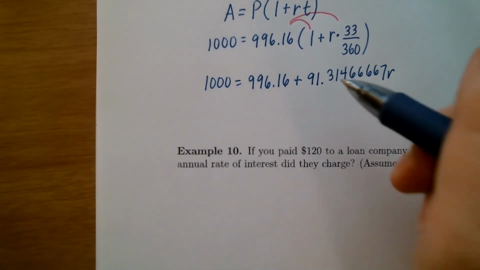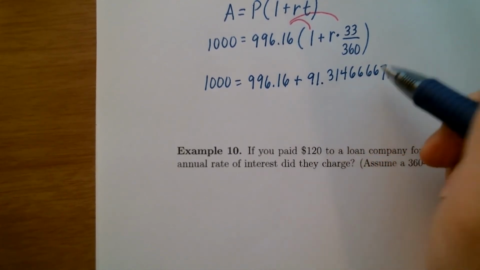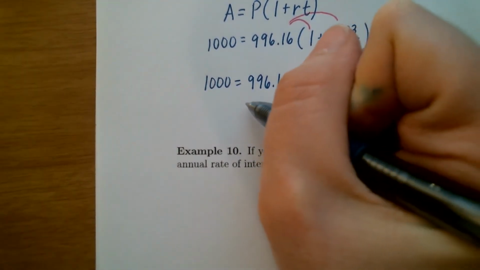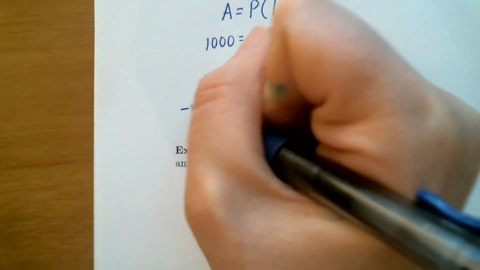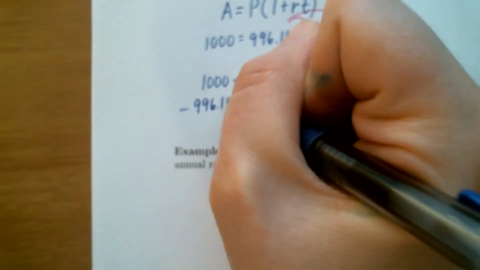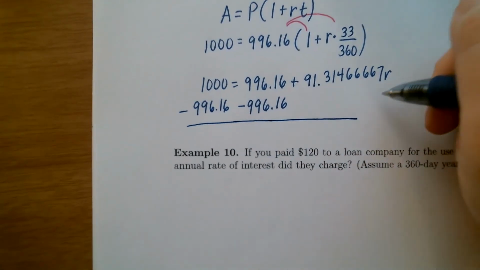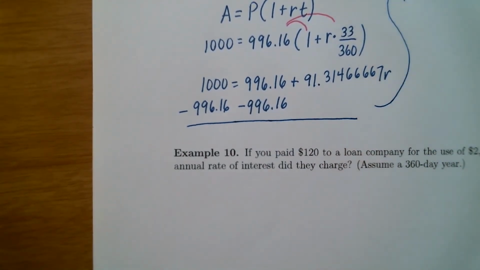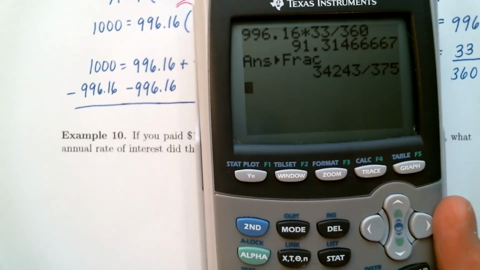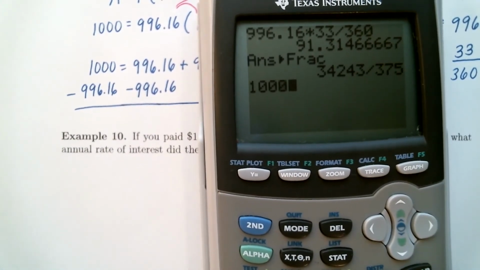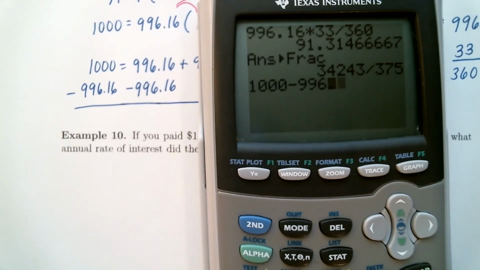Now you start to isolate R. This quantity contains the R, so I need to get it by itself. The first thing I'm going to do is subtract off the 996.16 from both sides. Going back to our calculator, we do 1,000 minus $996.16.